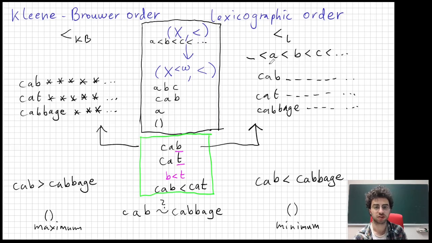And of course, this generalizes to any X. It doesn't have to be ABC. And for the Kleene-Brouwer order, I place this above all the other letters. Yeah, and then once I've done that, all I need is this rule. And I don't have to think about the prefix case anymore.